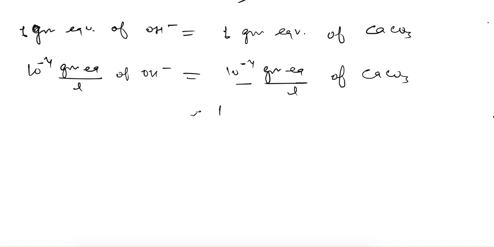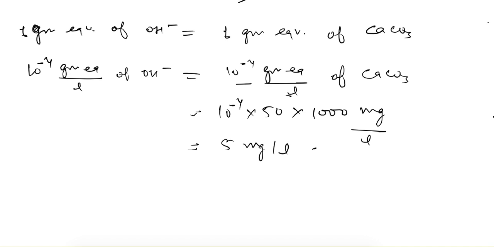That will be 10 to the power minus 4 into 50 gram. For gram we can write 1000 milligram, and per liter, so it is equal to 5 milligram per liter as CaCO3. That is your concentration of OH minus ions. So this we have calculated as one of the concentrations.